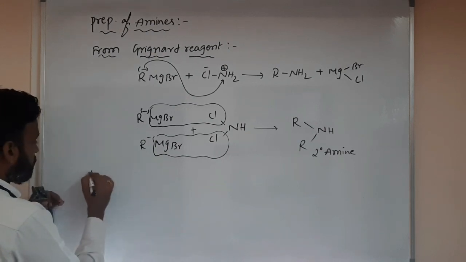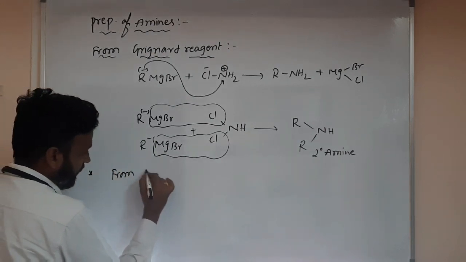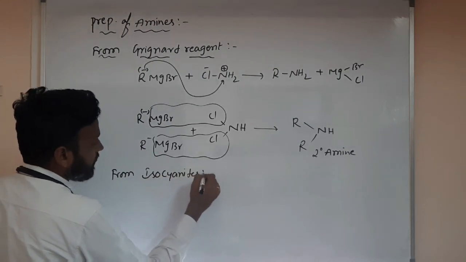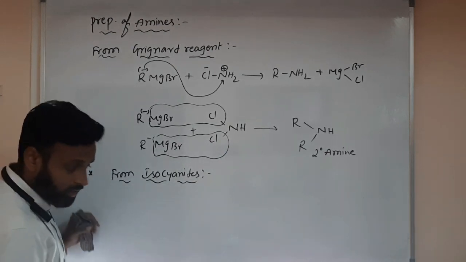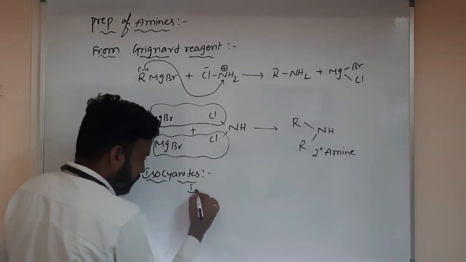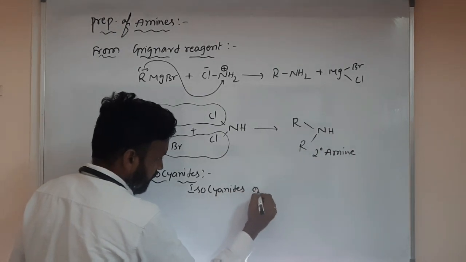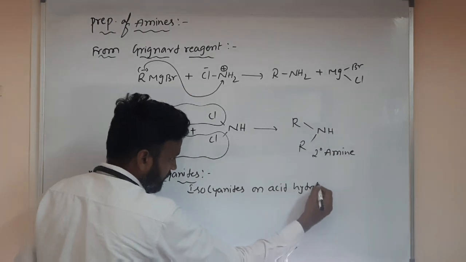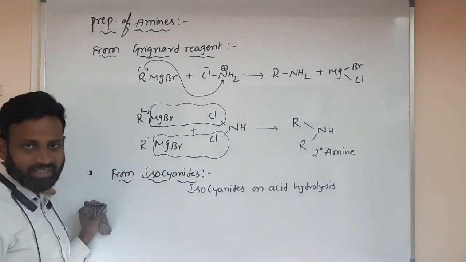And one more I forgot to tell you is from isonitriles or isocyanides. Isocyanides on acid hydrolysis give primary amines itself.